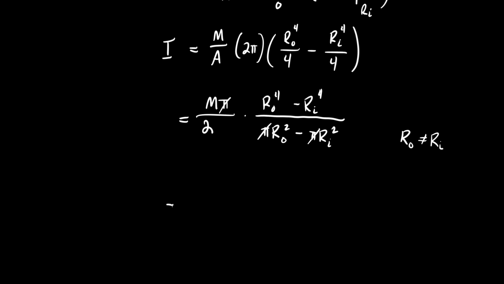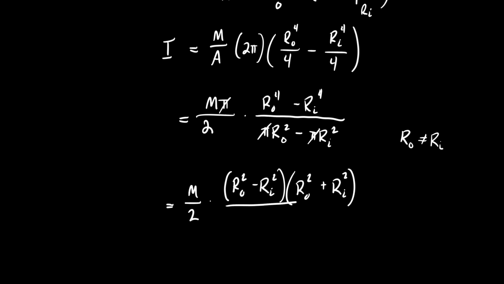And I'm going to go ahead and use the difference of squares formula, which is r outer squared minus r inner squared times r outer squared plus r inner squared. That's the factoring for the difference of squares. And on the bottom, I'll just have r outer squared minus r inner squared. Because I had them to the fourth, I could do this factoring, and it'll cancel out the one in the denominator.